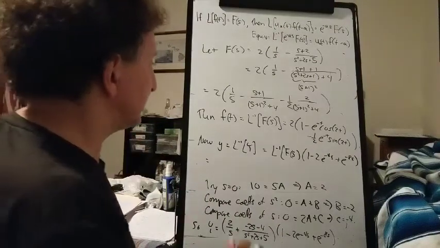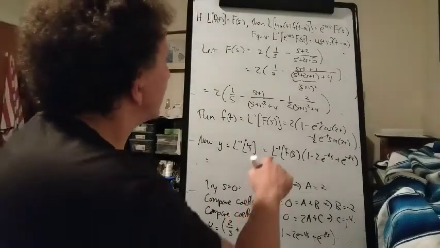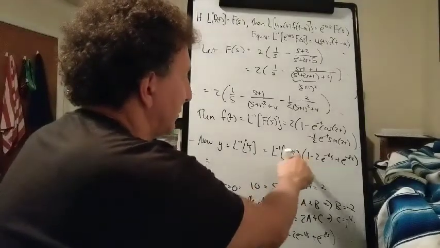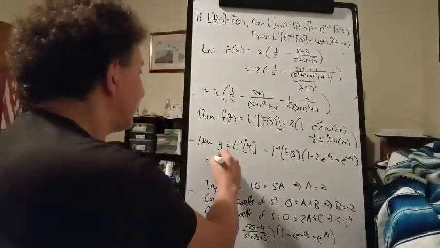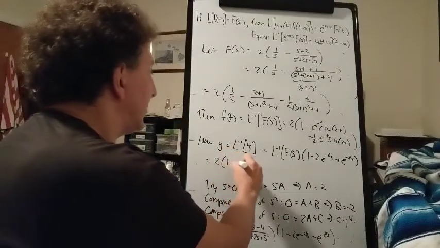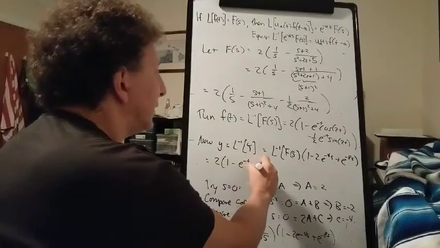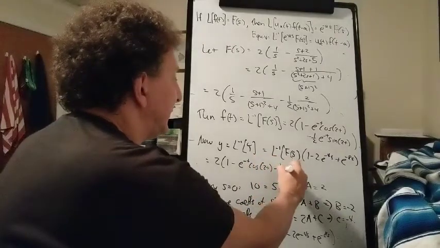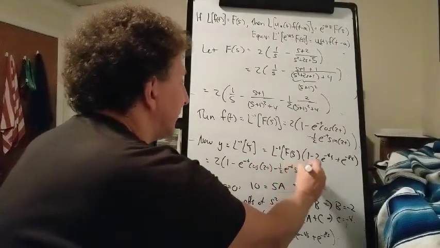So we don't have any exponential multiplying f of s the first time, so we can copy this exactly as it is. 2 times 1 minus e to the negative t cosine 2t minus 1/2 e to the negative t sine 2t.